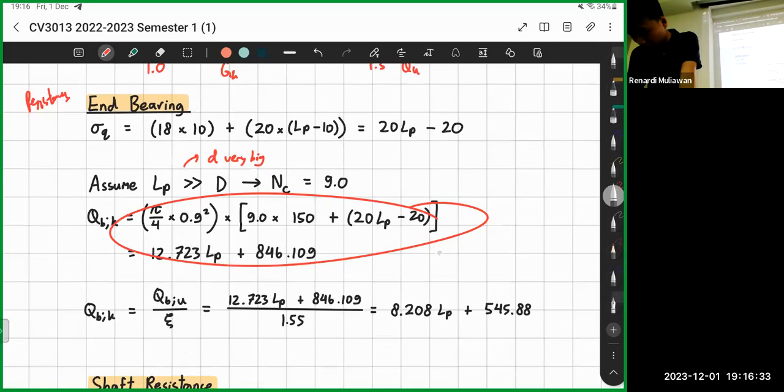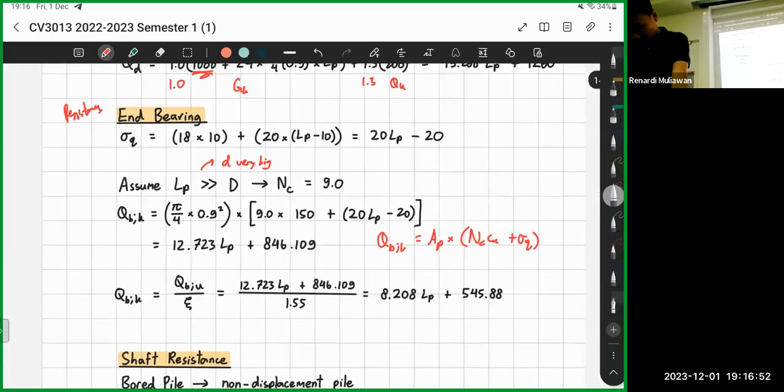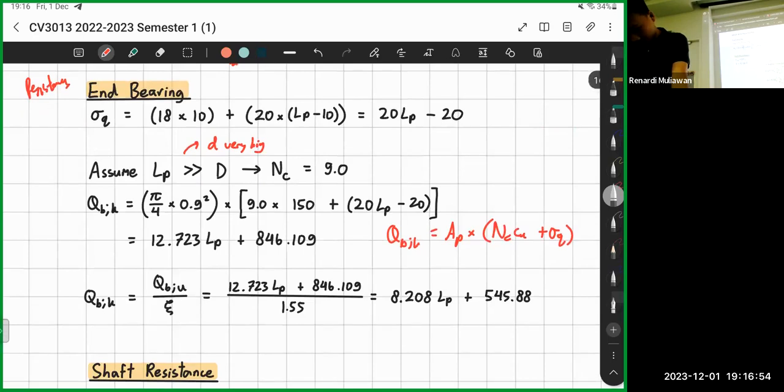And this one is your formula. So just now QB is your AP times NC CU plus sigma Q. So you just follow the formula. You check what you need in the formula. Something to take note of is, for the CU, again, we're using the CU of the base.